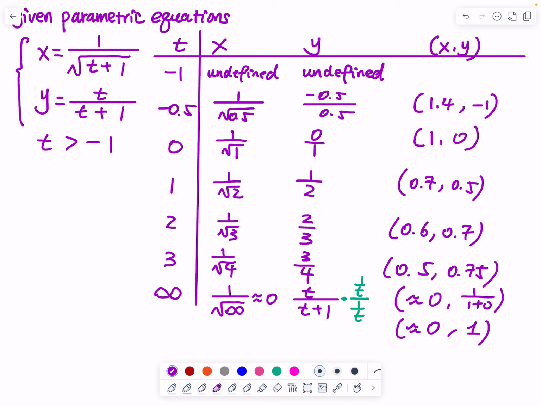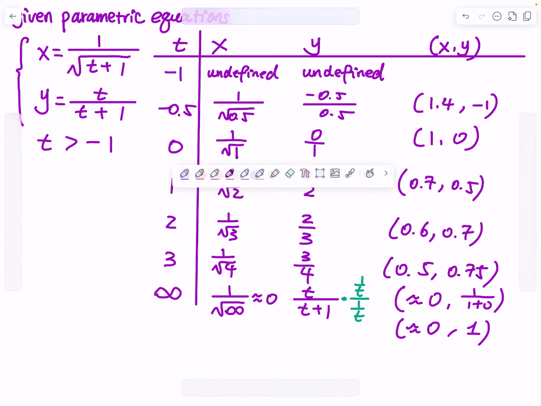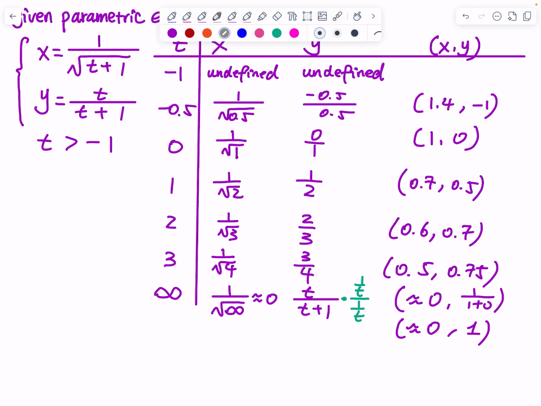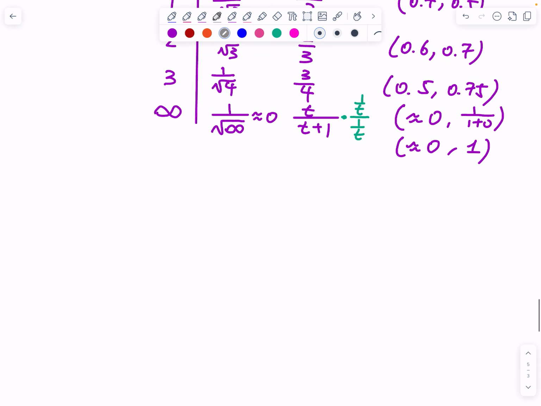Okay? Let's plot them. We started at undefined, and then we have negative 1.4, 1 all the way back to 0. So the graph is supposed to be from right to left. Let's do it. Right to left, I will sketch the xy plane first. So this will be x, and then a y.